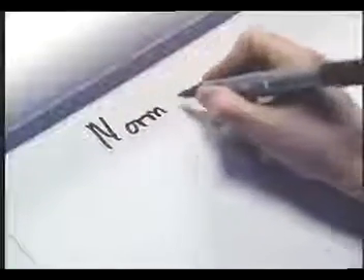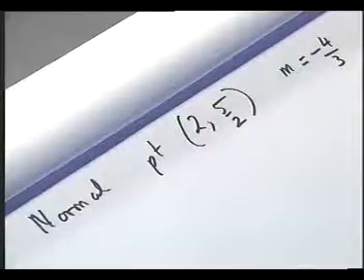We also know the point on the curve. That still hasn't changed. That's still the point 2, 5 over 2. So we now want the equation of the normal. Let's just write down what we know. We know the point, that's 2, 5 over 2, and we know the gradient, that's -4 over 3.